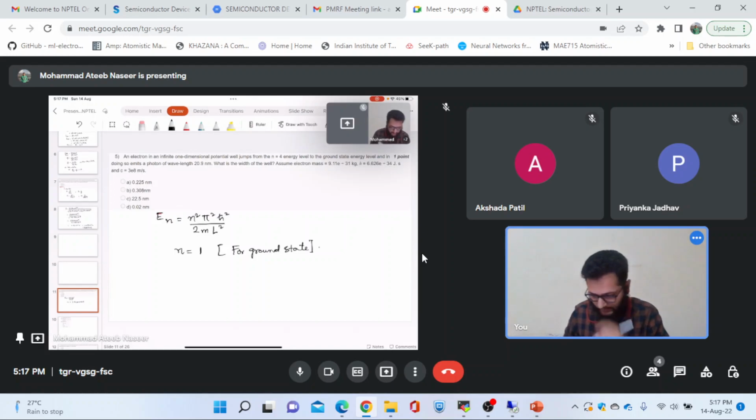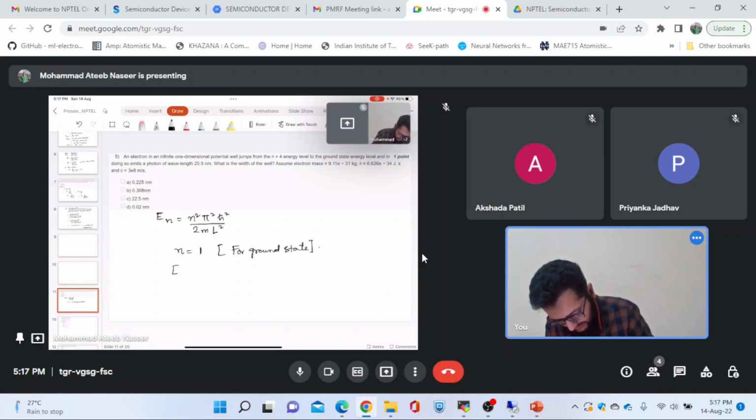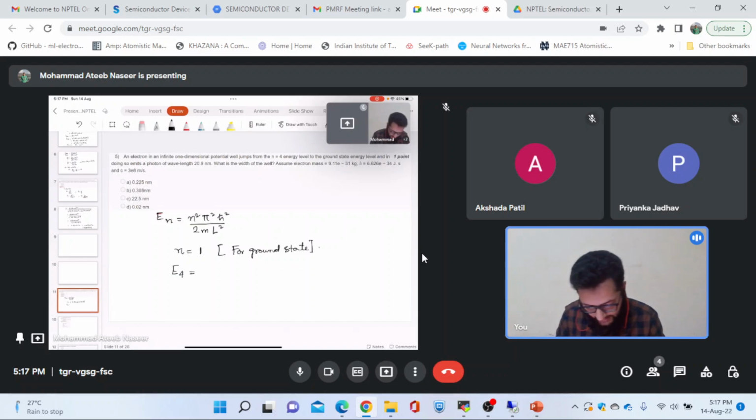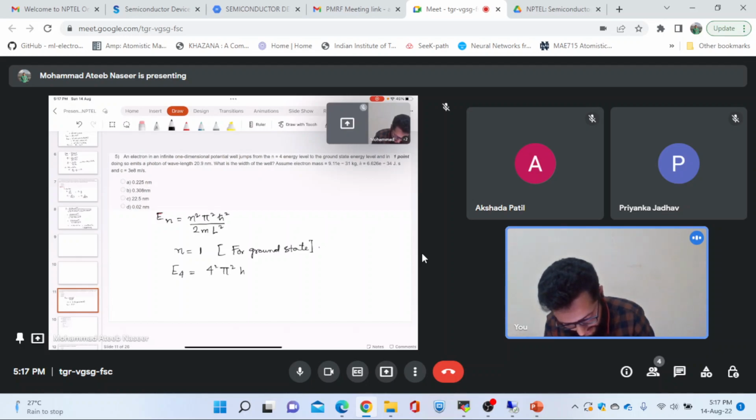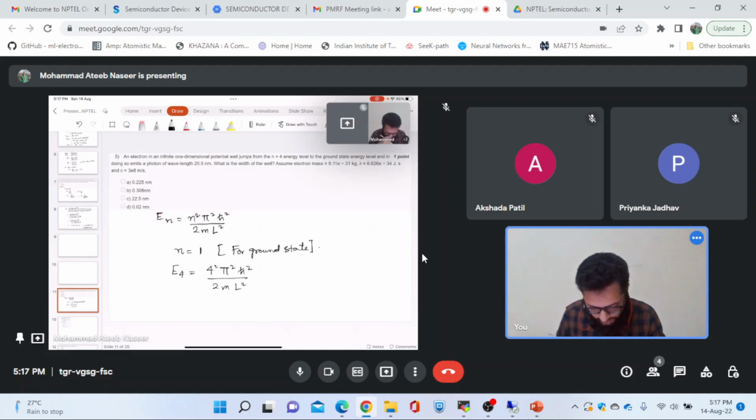So now it's simple. We will simply write the energy at the fourth state, and it will be equal to 4 squared pi squared h bar squared by 2m L squared. And also we are given that E1 will be 1 squared h bar squared pi squared by 2m L squared.